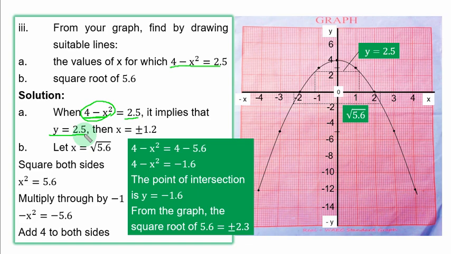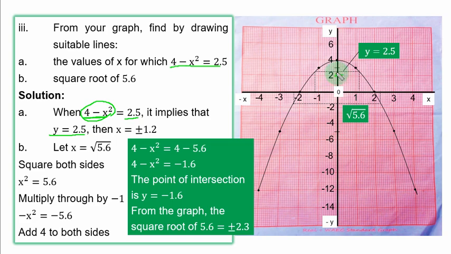So you locate 2.5, because from this scale, one line is 0.2 on the y-axis and 0.1 on the s-axis. So if this is 2, the next line is 2.2. The next line is 2.4.